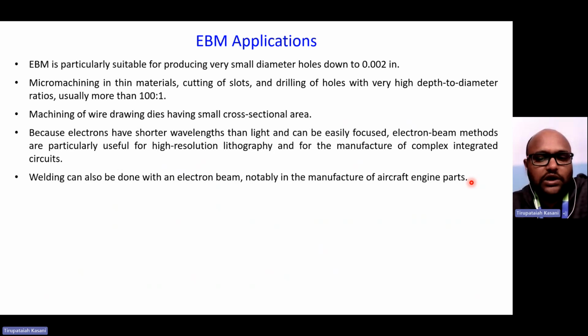That is nothing but electron beam welding. But in machining, the molten metal that is melted should be removed. That is the material removal. There it is melting and joining, that is welding, and this is machining.